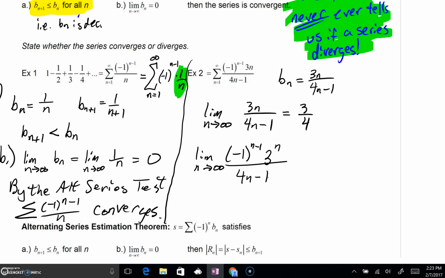Think about it. And I wrote this n a little too high, my apologies. This 3n all over 4n minus 1, of course, that's going to 3/4. But the negative 1 to the n, won't that continue to bounce between positive 1 and negative 1 as your power gets very large? Depending on whether your power is even or odd.